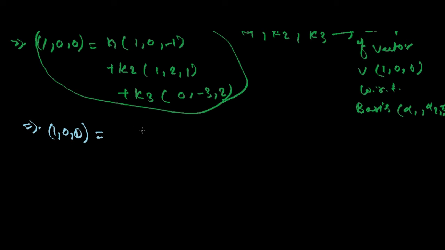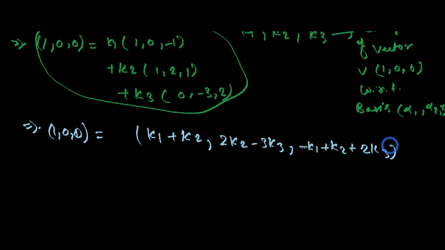So this gives 1, 0, 0 equals K1 plus K2, and K3 multiplied by 0 will be 0. That is the first coordinate. Then K1 multiplied by 0 is 0, so 2K2, and K3 multiplied by minus 3, that is minus 3K3. This is the second coordinate. And the third coordinate is minus K1 plus K2 plus 2K3, right?